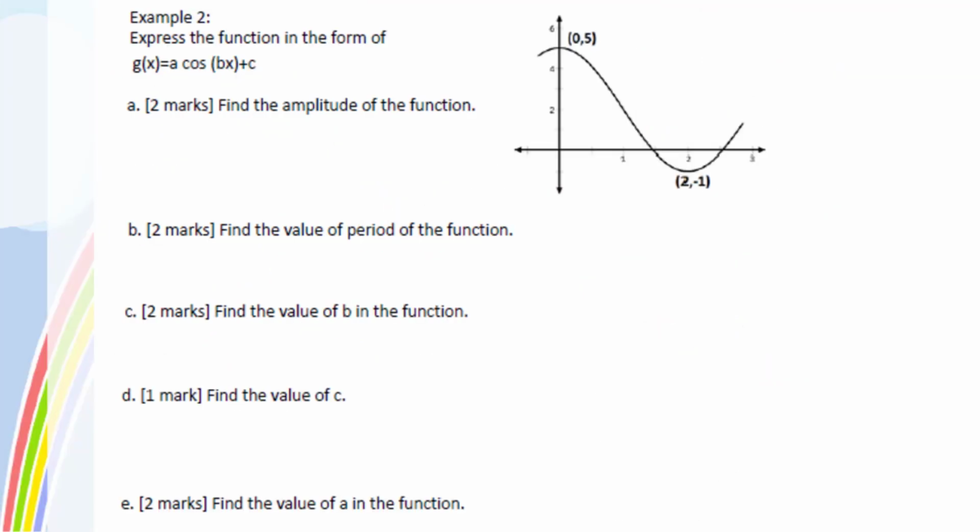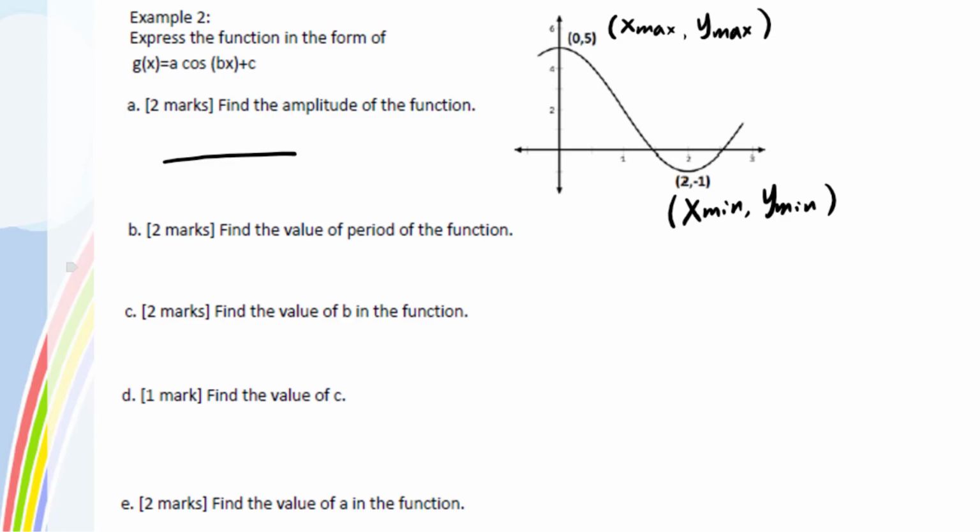Let's go to example 2. Express the function in the form of g of x equals a cosine bx plus c. We are given this graph. Let's label x maximum, y maximum, x minimum, y minimum. The amplitude of the function is half the distance between maximum and minimum.